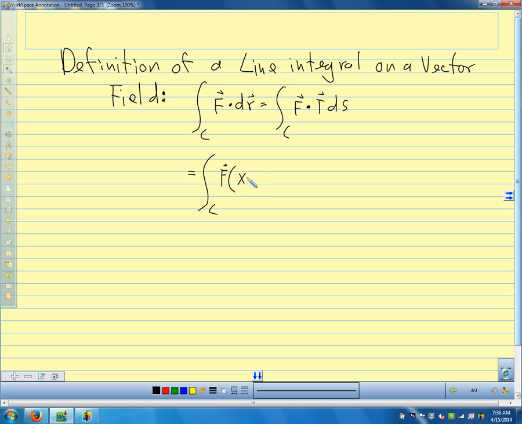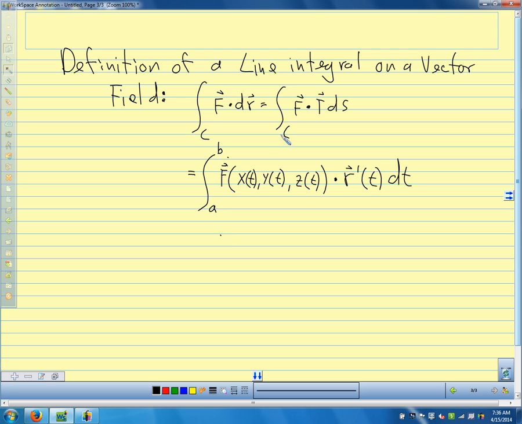So F of x of t, y of t, z of t. So we parameterized our curve. We express our force, our vector, in terms of the parameterization. And then we're going to take the dot product of that with r prime, which is a function of t, dt. And I want to put my limits in, from a to b.